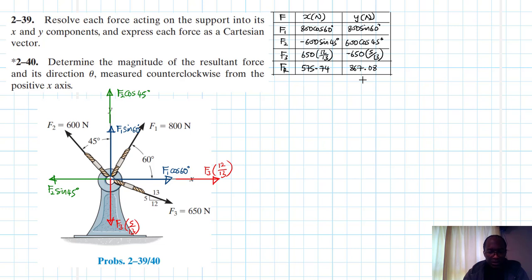That's 867.08. Great. So we have FRX equal to 575.74 newtons, and FRY equal to 867.08 newtons.